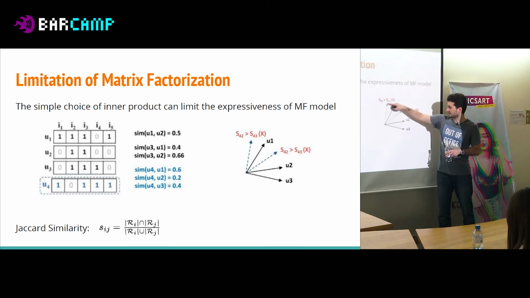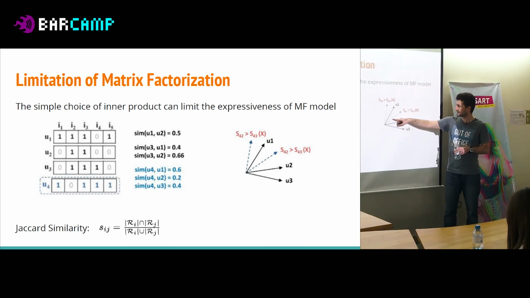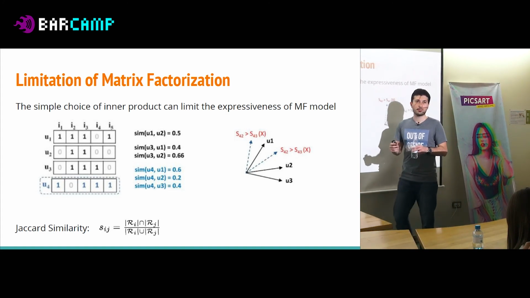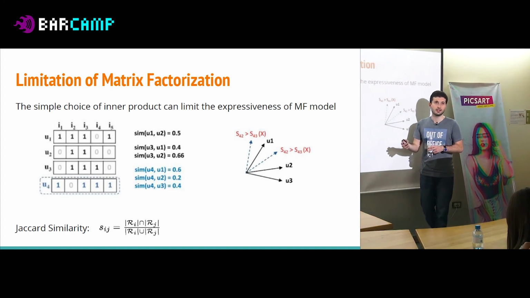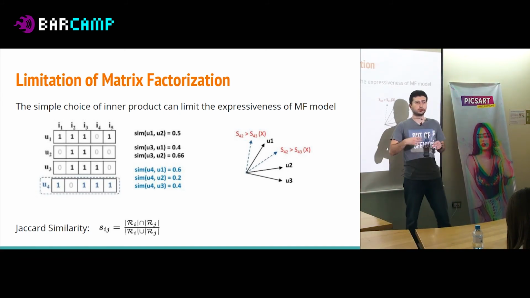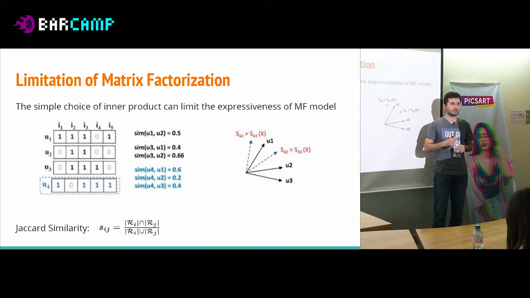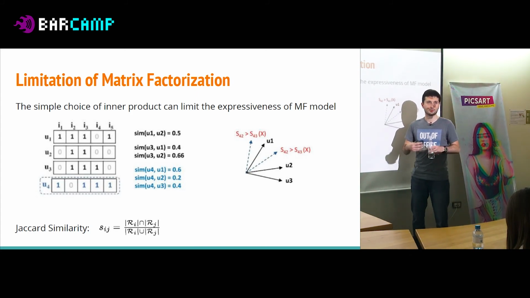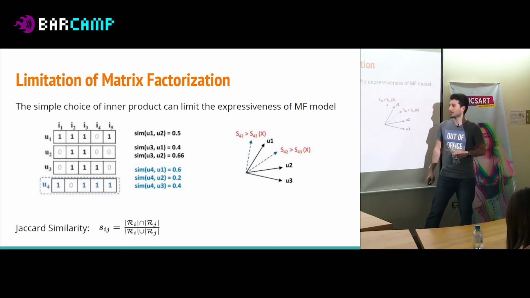And in both cases, it's less similar to 3 than to 2. So this is just a hypothesis, and this is just a toy example that supports the hypothesis that maybe we are not able to linearly represent all the complex interaction structure between users and items.